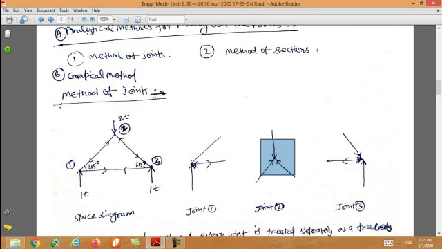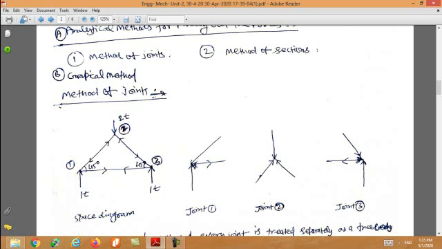And you are seeing the arrows, and these arrows show the tensile and compressive nature of these members. So we will calculate the force and its nature: the force in terms of magnitude, and what will be the nature of this force. It will be only two, tensile or compressive.